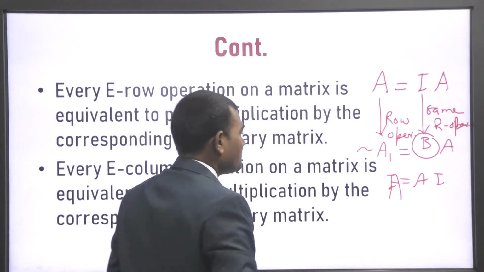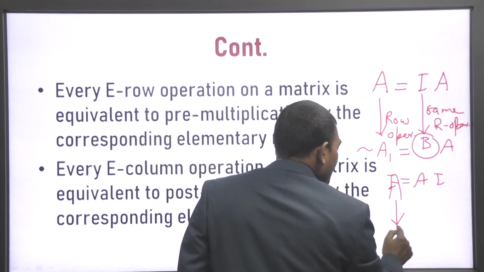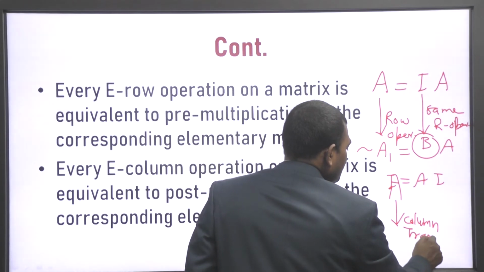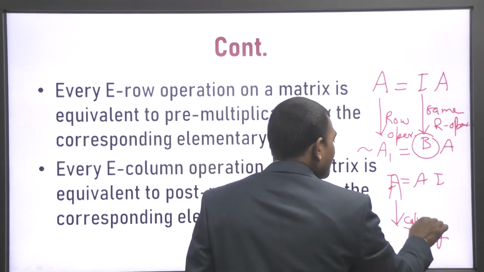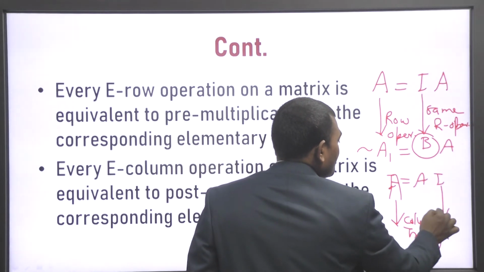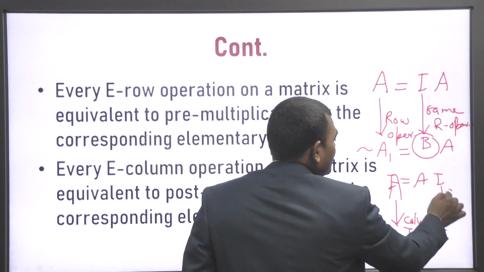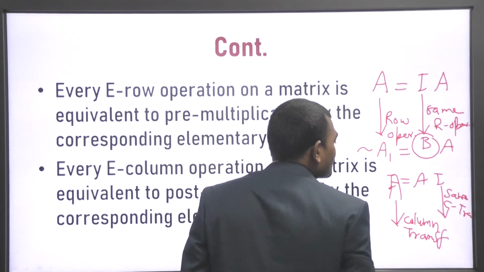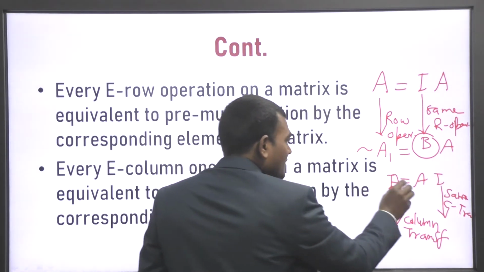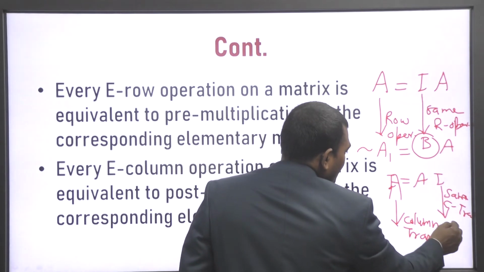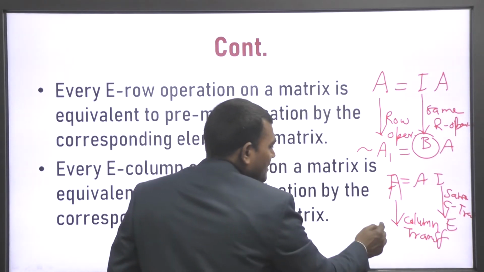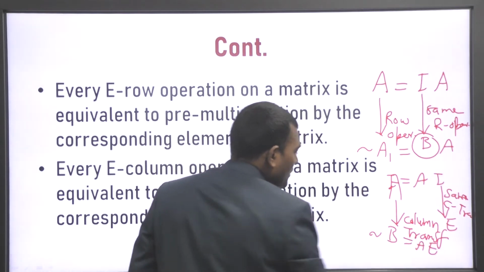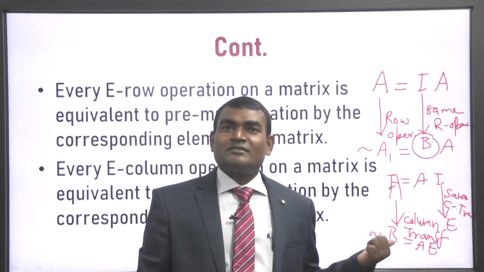Then whenever you apply any column transformation, similarly the same column transformation will be applied on the post factor I. When we apply the same column transformation, I will be changed into another matrix, suppose E, and A will be changed into B, then B is equal to A into E. This is the equivalency. This result says it this way.